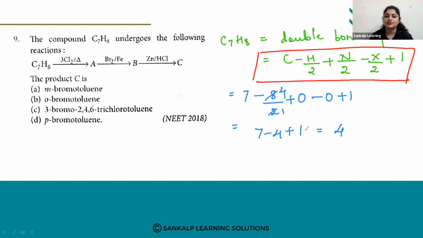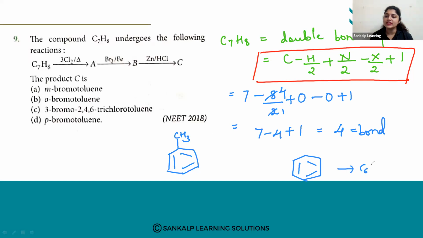So 4 double bonds are present. If I take benzene, only 3 double bonds are present, and that is C6H6. Again, with one more carbon, how many hydrogens are left? 3. So it is CH3. Out of 4 bonds, if I take one benzene ring, that accounts for 3 bonds.